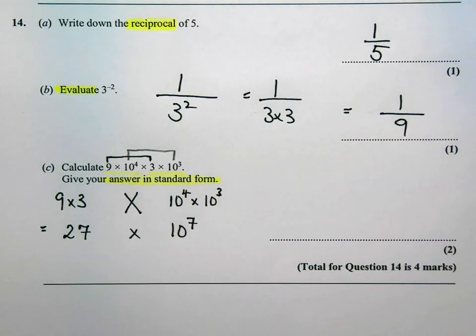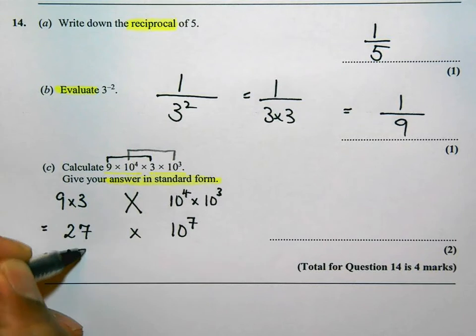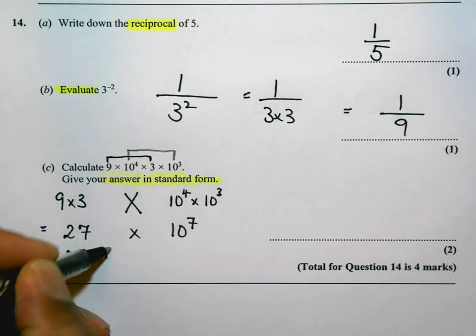Now, a lot of people leave that as their answer. They get 1 mark for it because they haven't answered the last part of the question: give your answer in standard form. For this part, the number needs to be between 1 and 10. So if I rewrite 27 as 2.7, I'm taking a factor of 10 out from that.